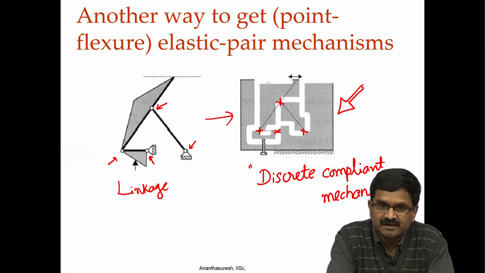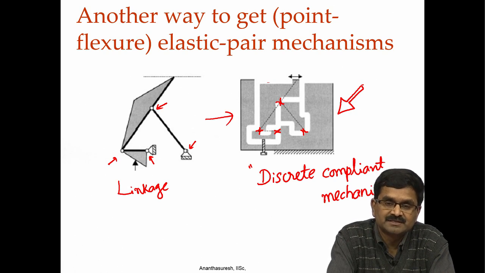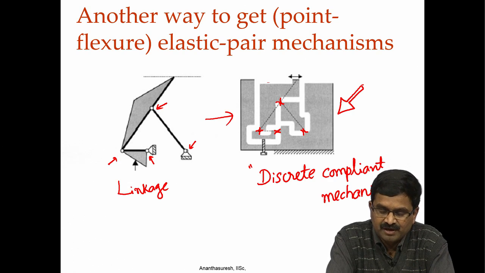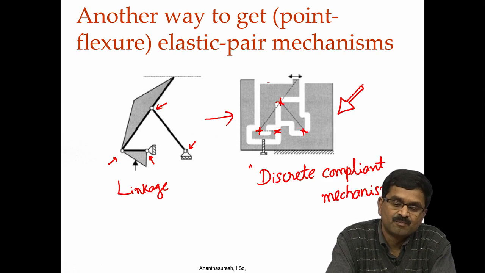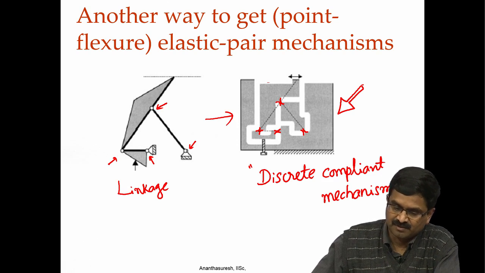But here in compliant mechanisms that require large range of motion to compete with rigid body linkages in terms of the things that they do, we cannot depend on only this discrete compliance, where we have a few elastic pairs connecting rigid bodies. We want something that is more distributed compliance.